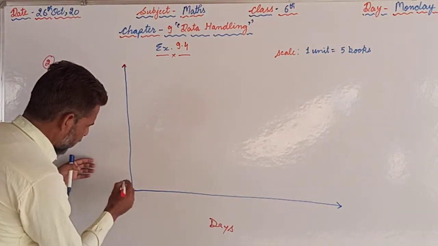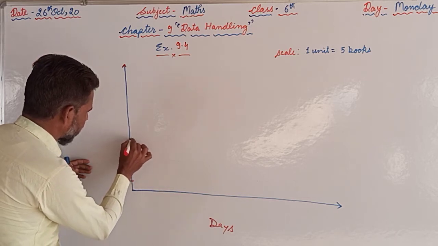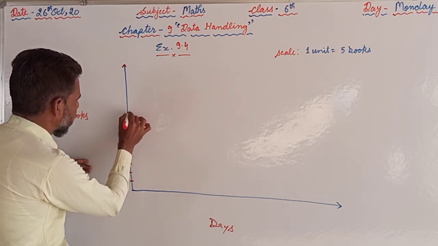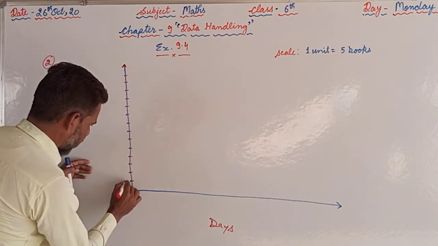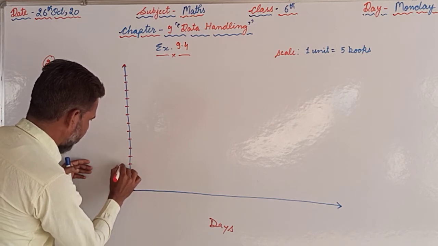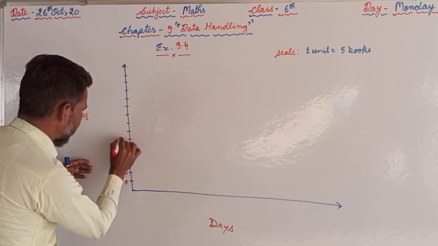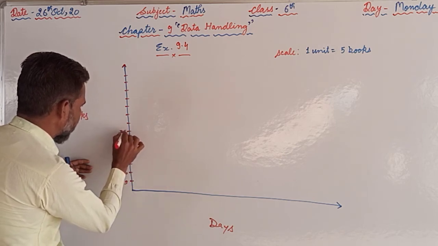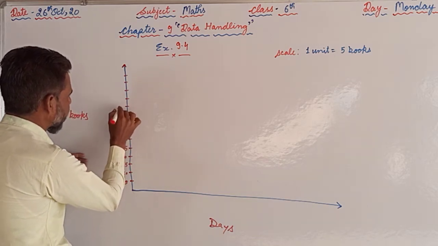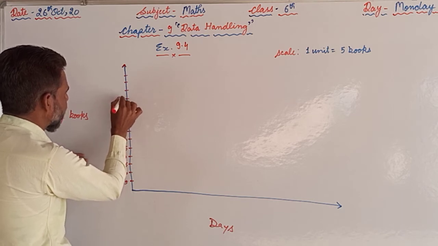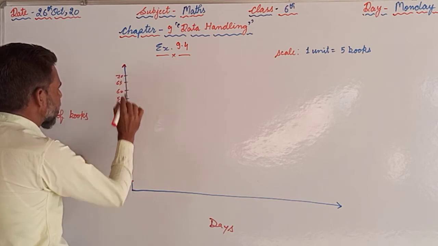So now we will mark. So here it is 5, then 10, then 15, then 20, 25, 30, 35, 40, 45, 50, 55, 60, and then 65, and then at last 70.